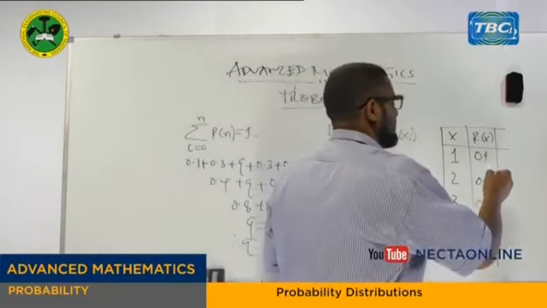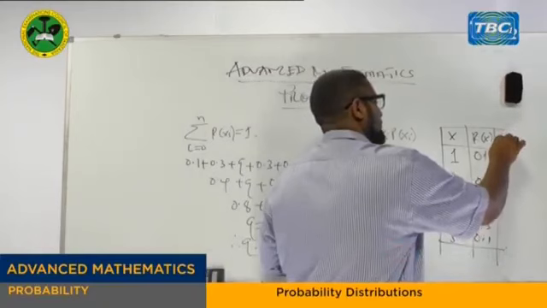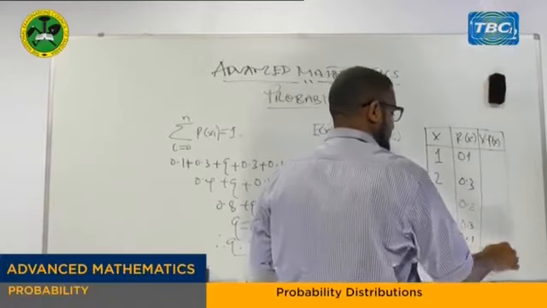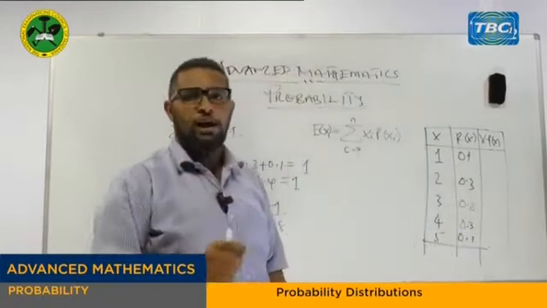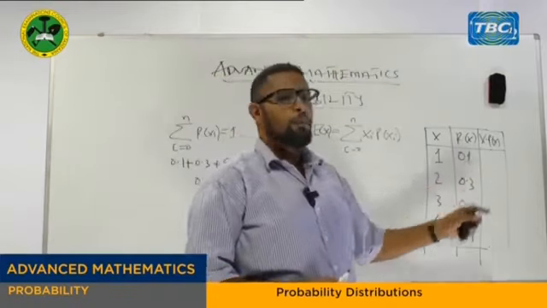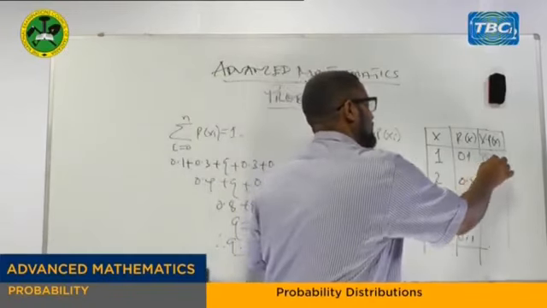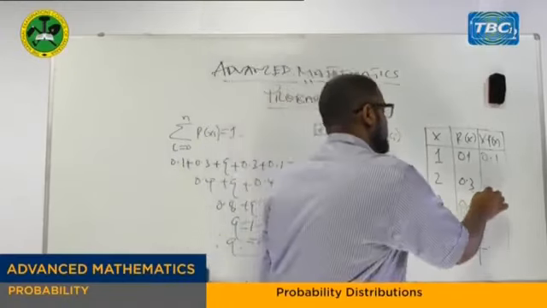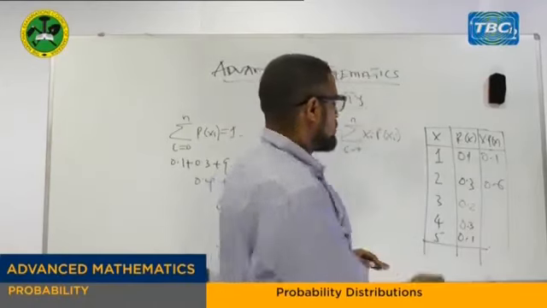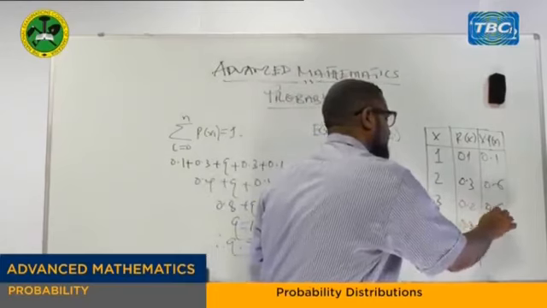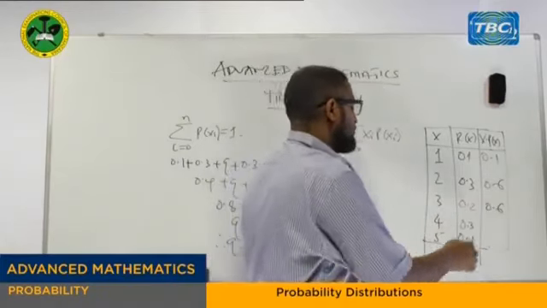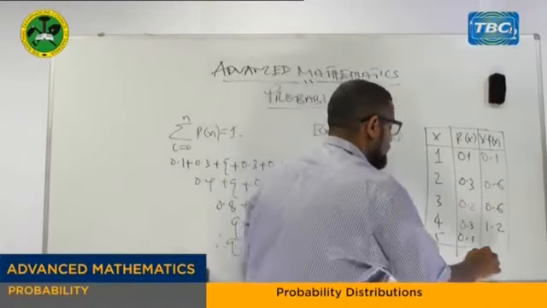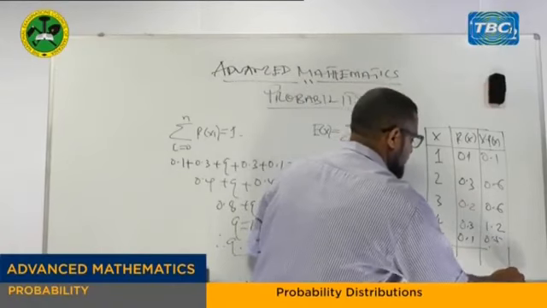So you add a column for x times the probability of that variable, meaning that we multiply one after another. So 1 times 0.1 gives 0.1. 2 times 0.3 gives 0.6. 3 times 0.2 gives 0.6. 4 times 0.3 gives 1.2. And lastly, 5 times 0.1 is 0.5.